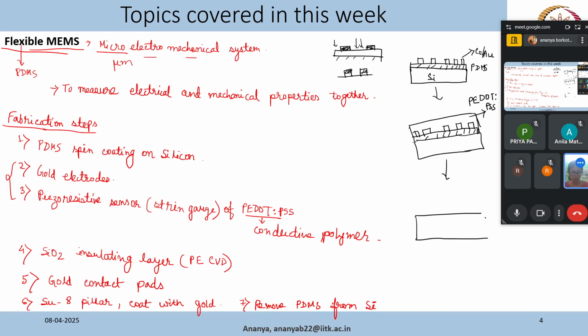So this is our silicon, this is silicon, this is PDMS. We will have our gold electrodes here, and we will have our strain gauges. So this is a cross section view.